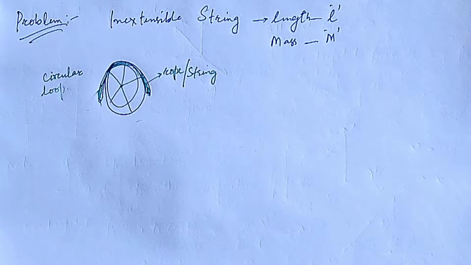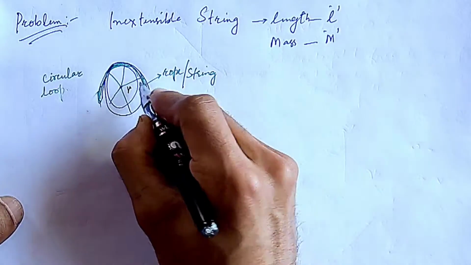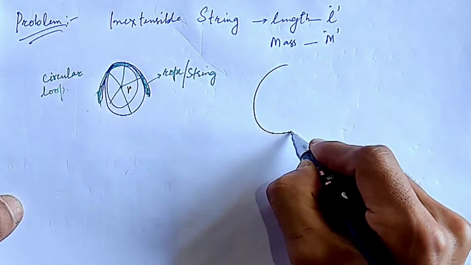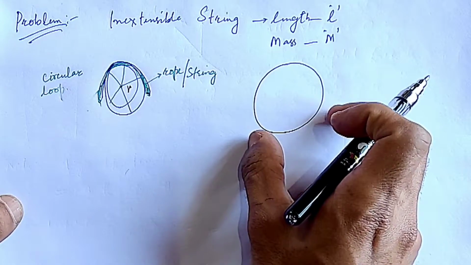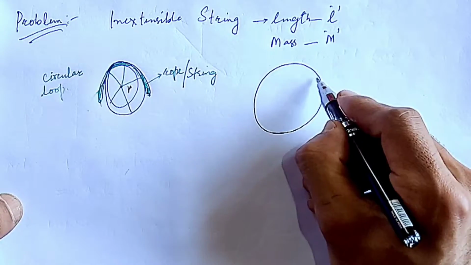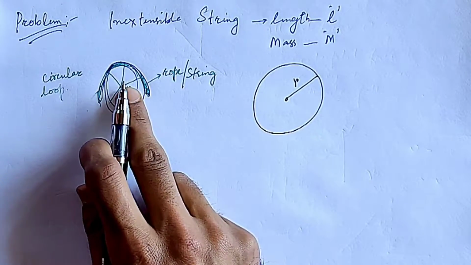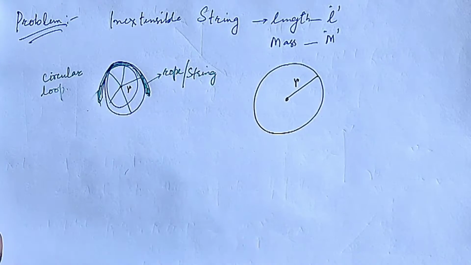Fine. And keep in mind, the radius of the pulley is almost the same as the radius which will be formed by the string, because the string will exhibit some circular shape. It will have the same radius as that of the pulley. Fine.